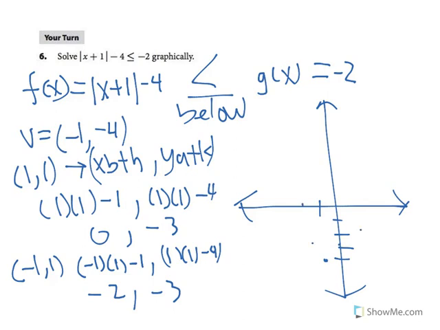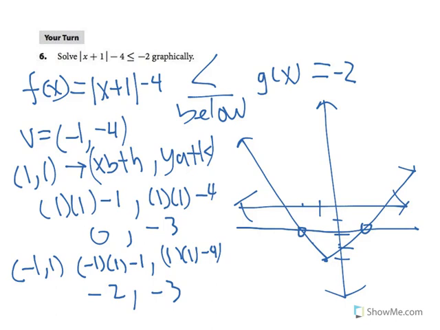So our graph will do something like this, right? Okay, and g is going to be -2, my mistake. Right, so it's going to intersect at this point and at this point.